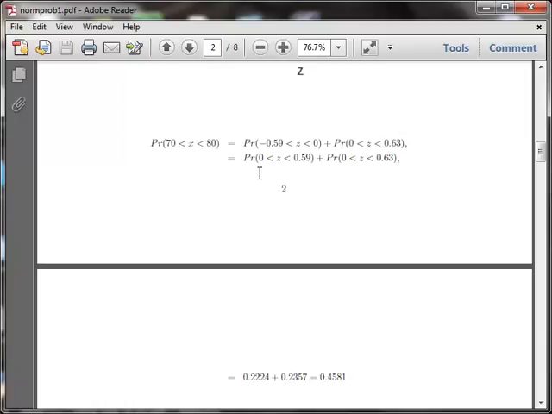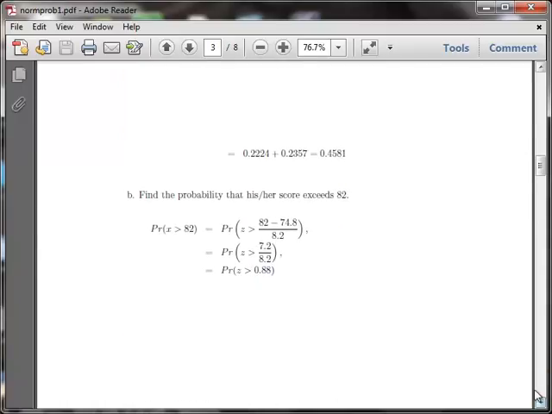But because of symmetry, the area from negative 0.59 to 0 is the same as 0 to 0.59, and then you use the second piece, the probability that z is between 0 and 0.63, and you look those up in the new table that I just gave you. You get 0.2224 plus 0.2357, and that'll give you 0.4582.